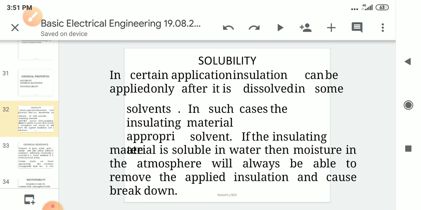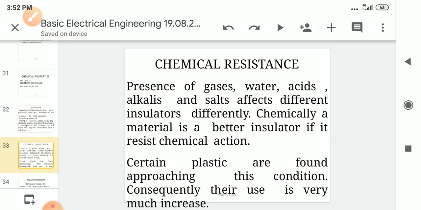In such cases, the insulating material needs an appropriate solvent. If the insulating material is soluble in water, then moisture in the atmosphere will always be able to remove the applied insulation and cause breakdown. So we have to take care of this solubility.